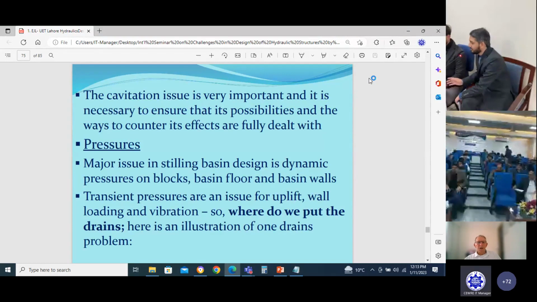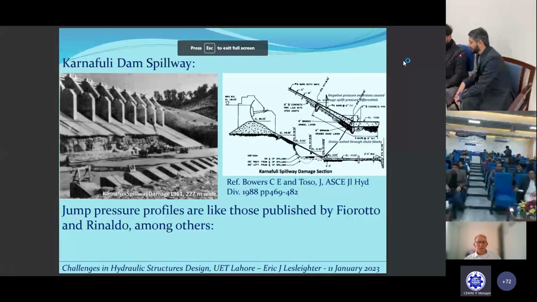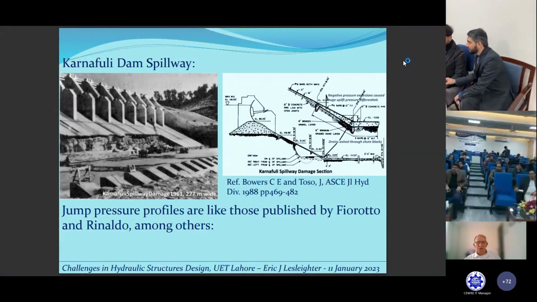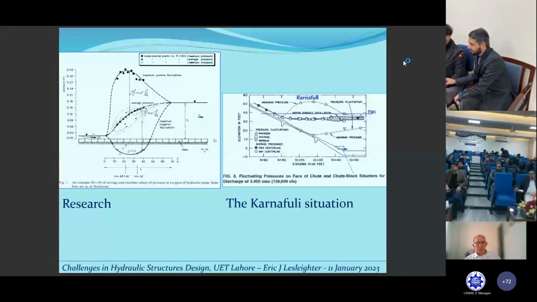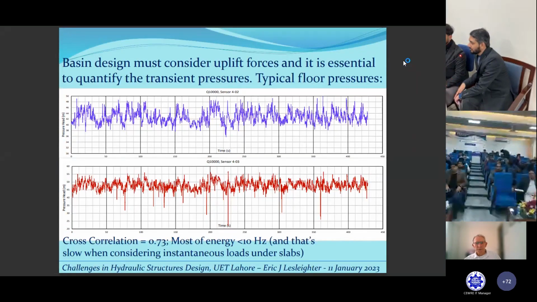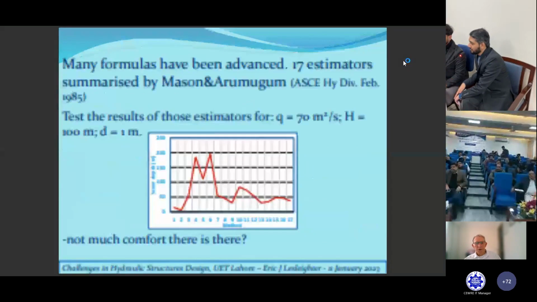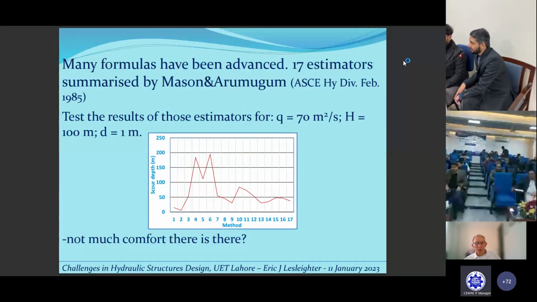The challenges we have here are similar to what I've said before. Do we have in the design teams, when we design major structures like this, the right people who know something about transient phenomena? The leaders need to not cut corners, but have the right people on the job. Historical failures, it's important to know about those.